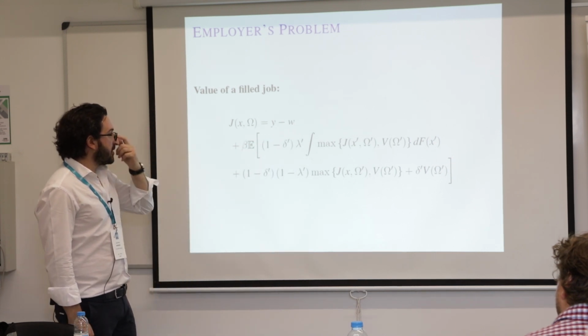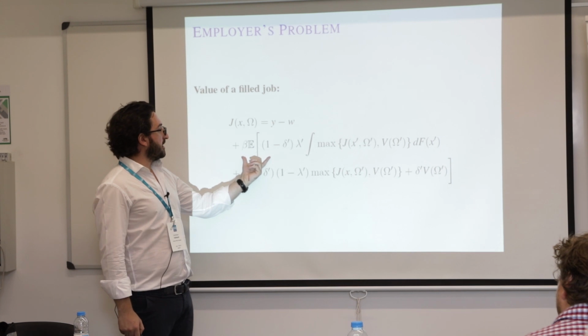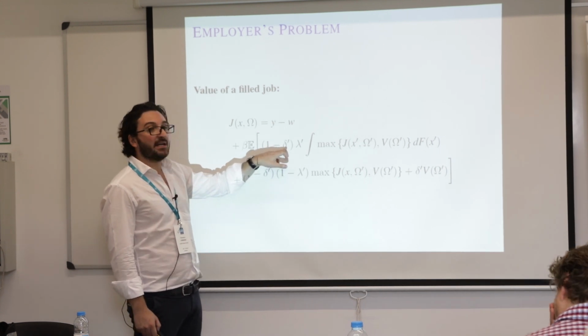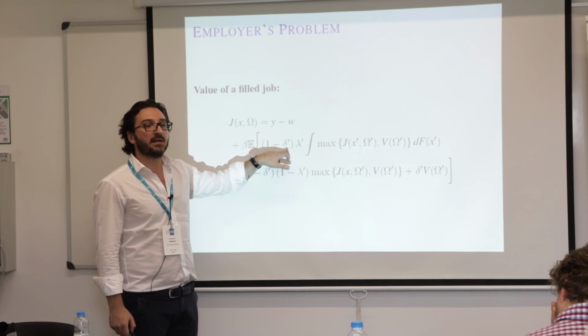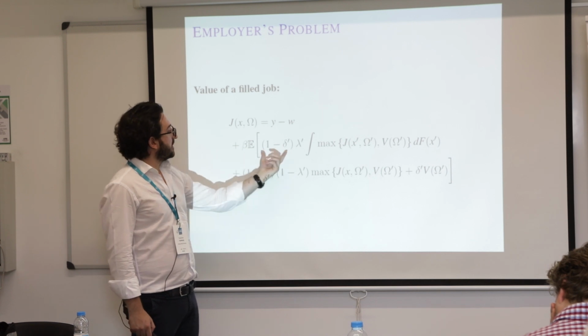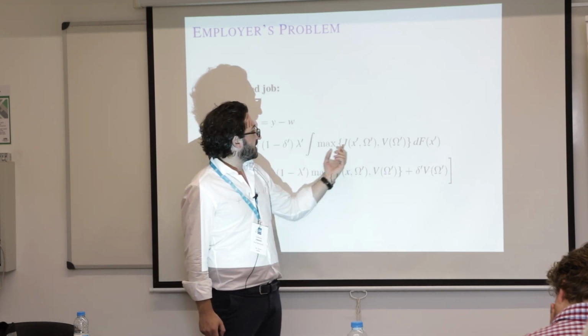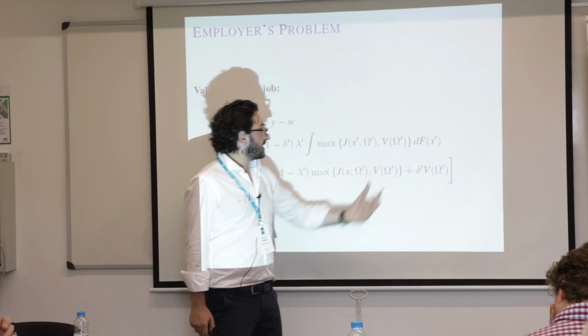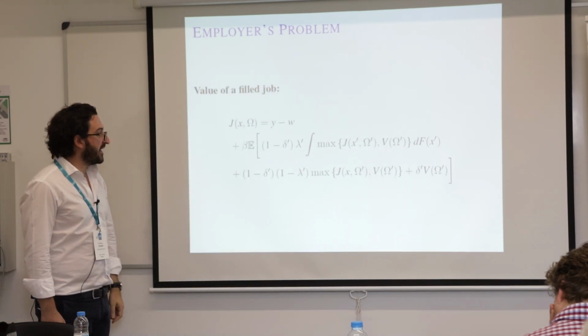And then with probability 1 minus delta, the job is not destroyed. So guys, delta is the shock to the job, the job destruction rate. Then you have the max between the value of the filled job tomorrow versus the value of posting a vacancy.